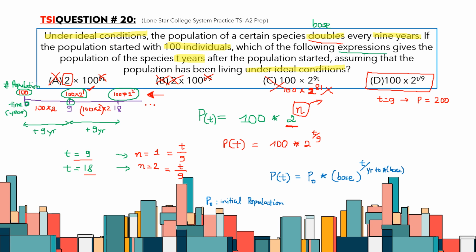So every 9 years, that's why we put 9 here. T is how many years, divided by how many years it takes until it doubles or is multiplied by the base.